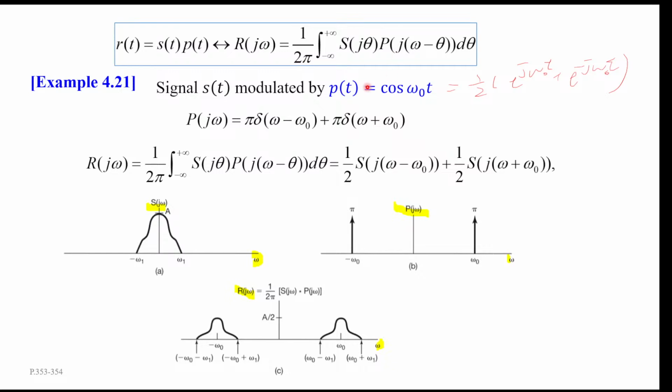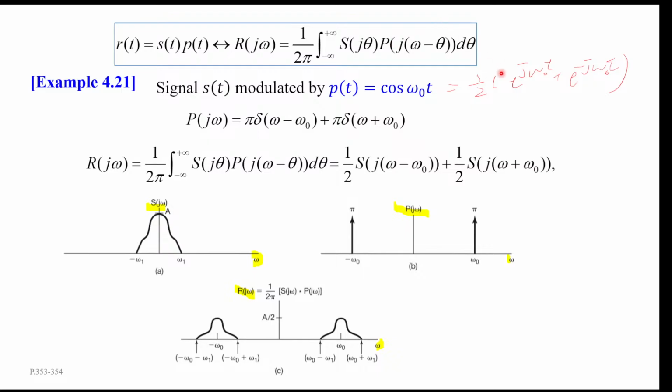So in the spectrum, the frequency domain of the output signal will be affected by the convolution of your frequency domain signal with the frequency domain of the modulation signal.